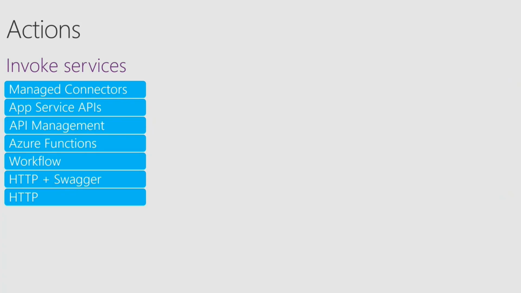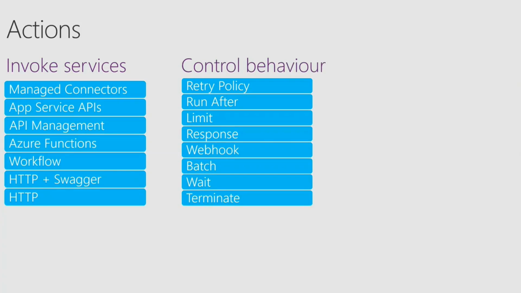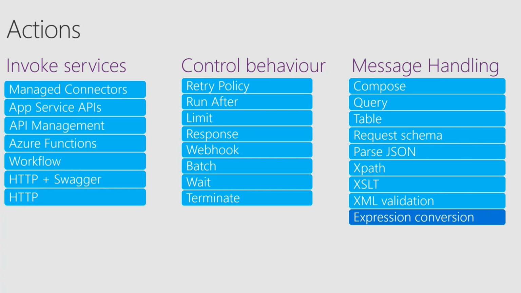Actions. So you've got invoke services. So it's like managed connectors, API management, workflow, HTTP. You've got control behavior, so you do retry or run or response or condition for each kind of things. You can do message handling. So say you do something that returns a JSON payload.